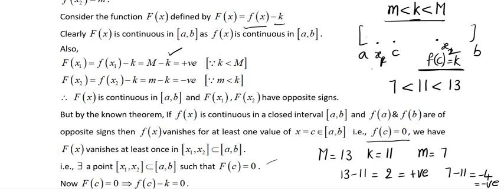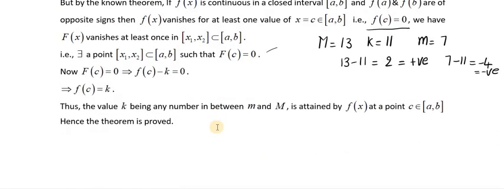Then we are going to get f of c minus k equal to 0. The negative quantity goes to the RHS side, and then it becomes positive. So, our aim is to show that f of c equal to k.